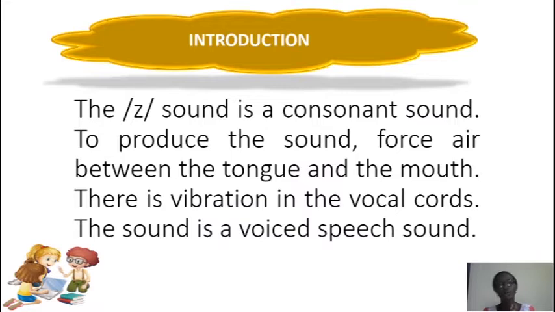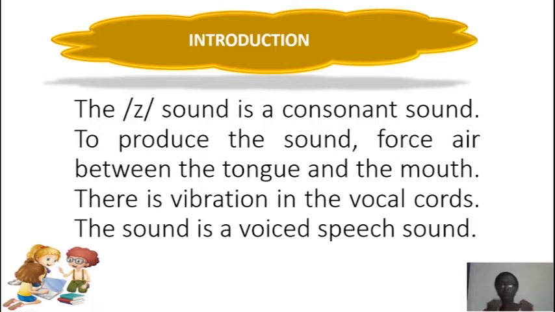Now, the Z sound is a consonant sound. To produce the sound, you have to force air between the tongue and the mouth. You have to push out air, and you see that the tongue and the mouth seem to come together.